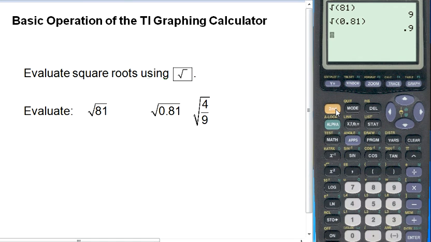So let's hit second square root, and then we're going to put 4/9, so it'll be 4 divided by 9, close parentheses to end the square root, and hit enter. And if you want the fraction value of that, we can hit Math 1, enter, and it gives you 2/3.